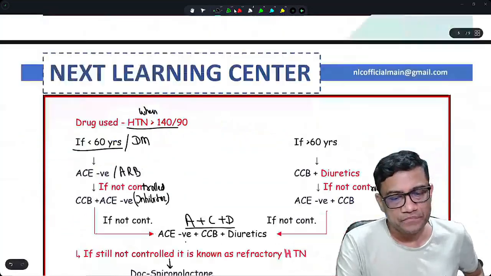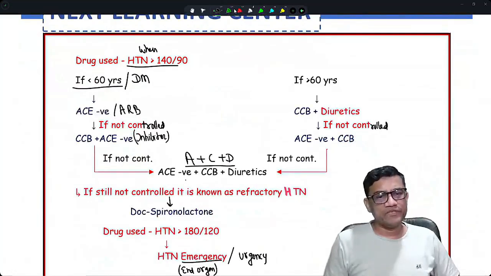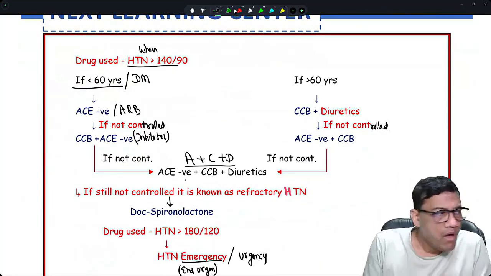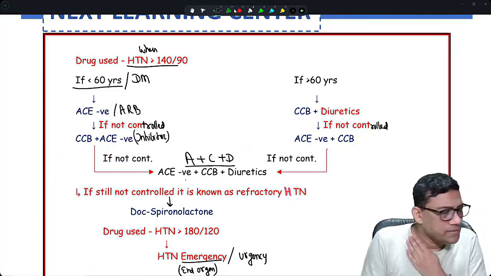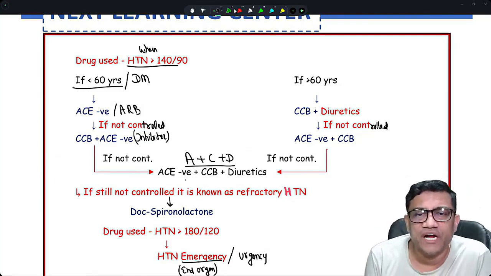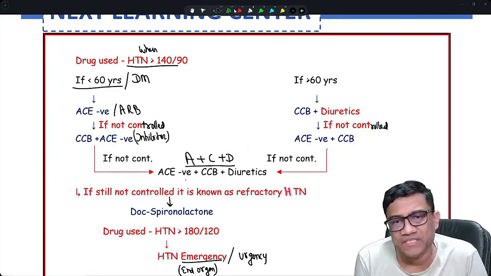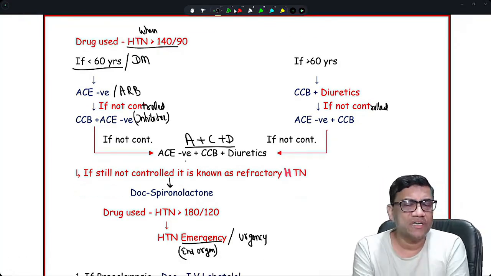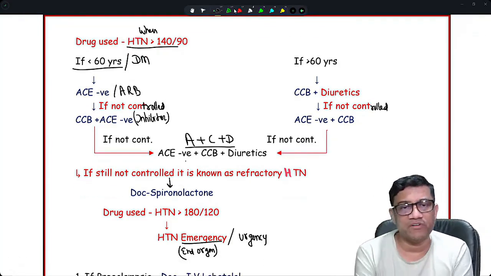Now, drugs used whenever patient has hypertension. So what are the drugs used? First is, we start drugs only when the BP is above 140 or 90. So once again, don't use the drug if the BP is less than 140/90.